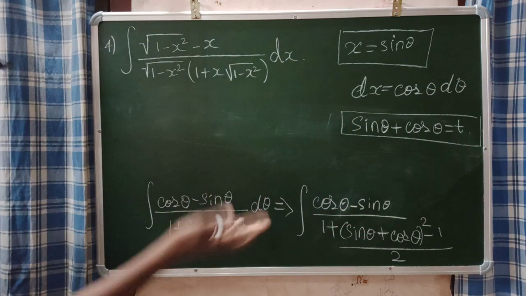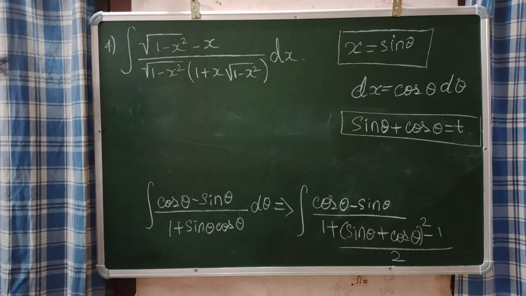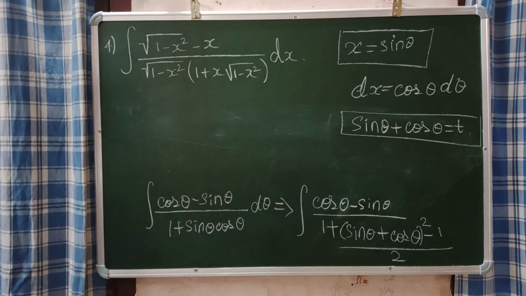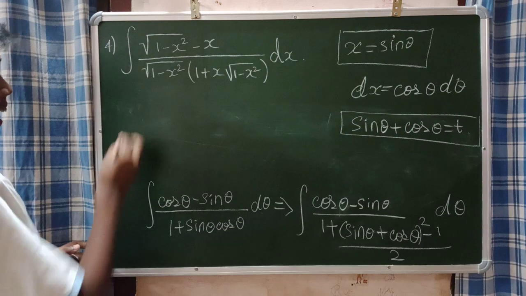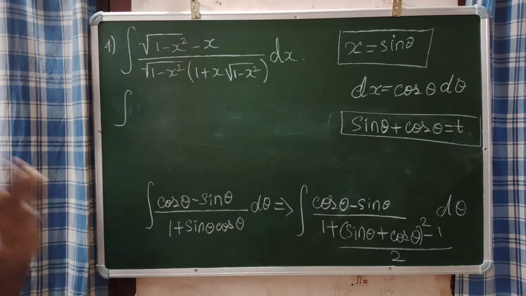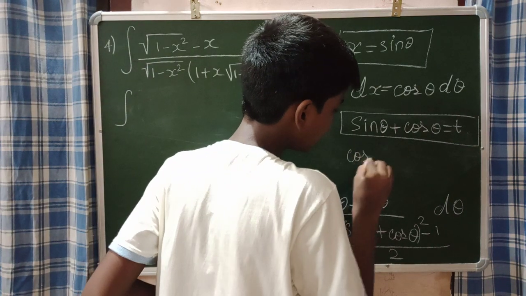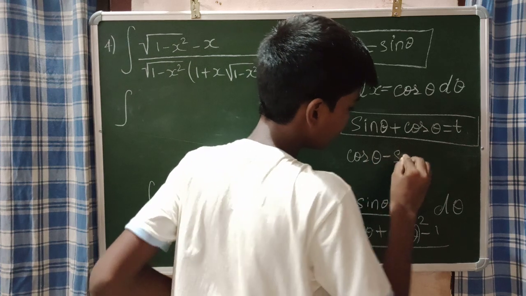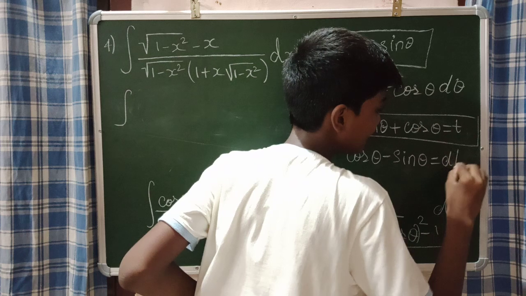So if I'm taking sin theta plus cos theta as some t, then cos theta minus sin theta is dt.